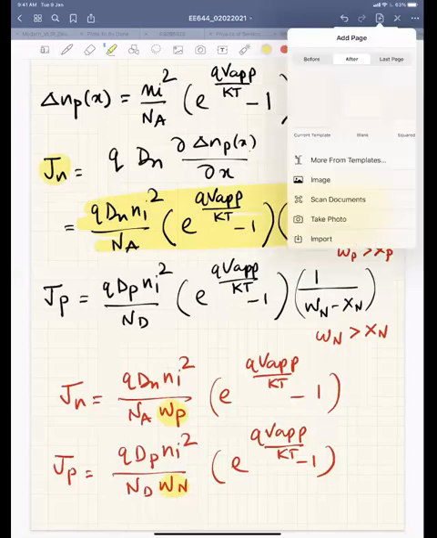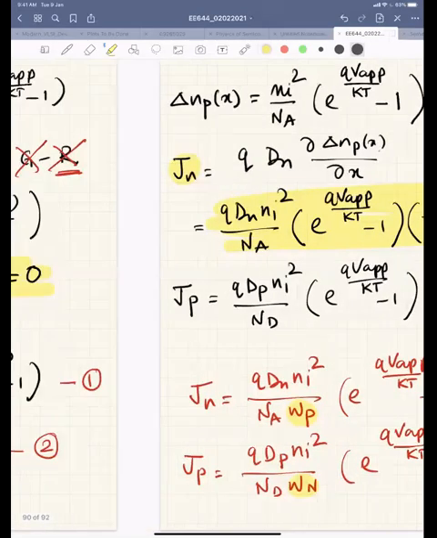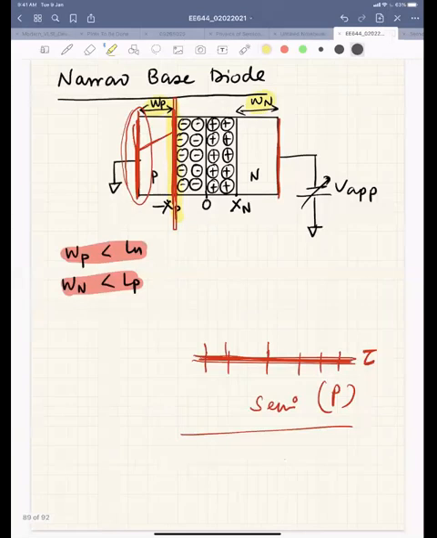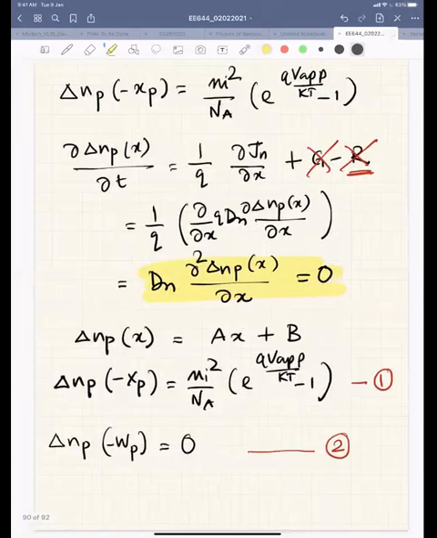So let's say I have an N plus P diode, and my Wp is much less than Ln.